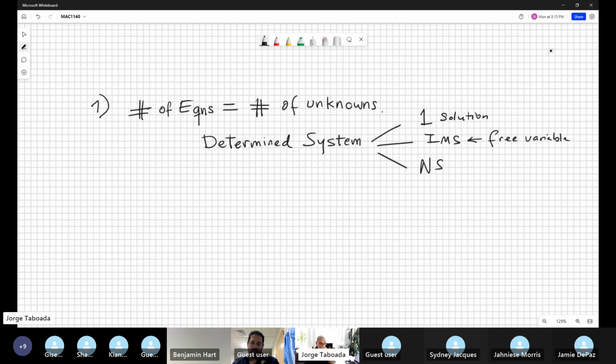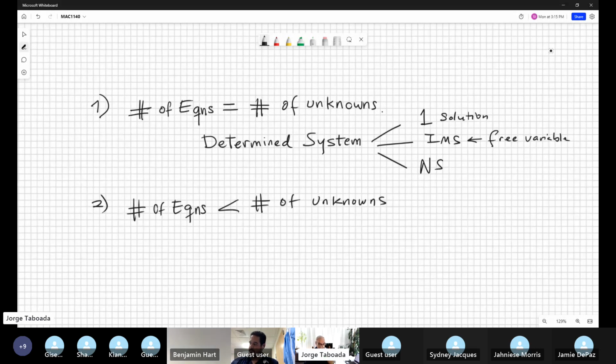Another possibility that we can solve is when the number of equations is less than the number of unknowns. For example, suppose we have only two equations and we have three variables, three unknowns.